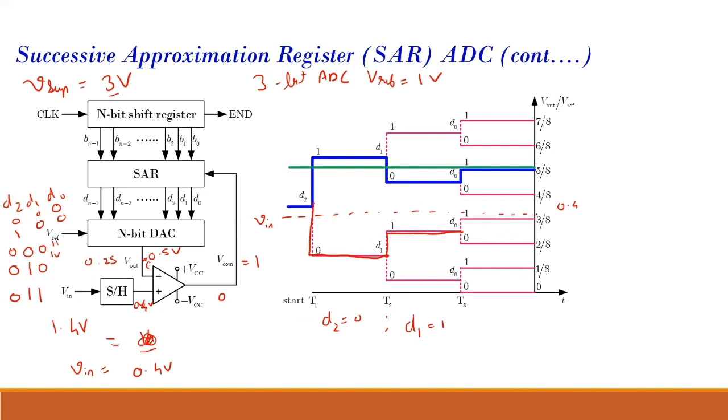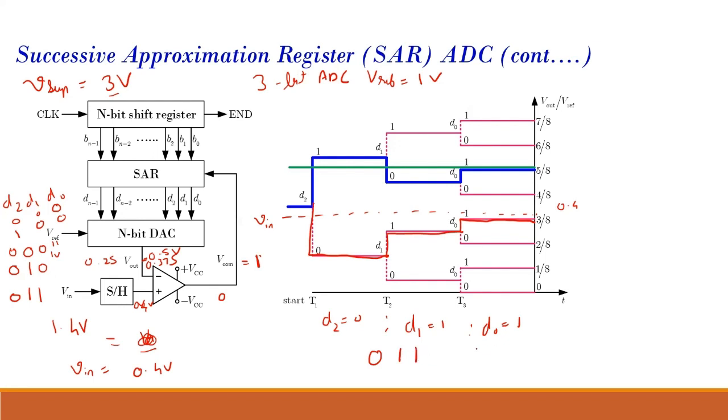So 0.375 will be compared with 0.4, and still 0.4 is greater than that. So the comparator output will be 1, and my D0 also will be 1. So my digital output will be 0, 1, 1.